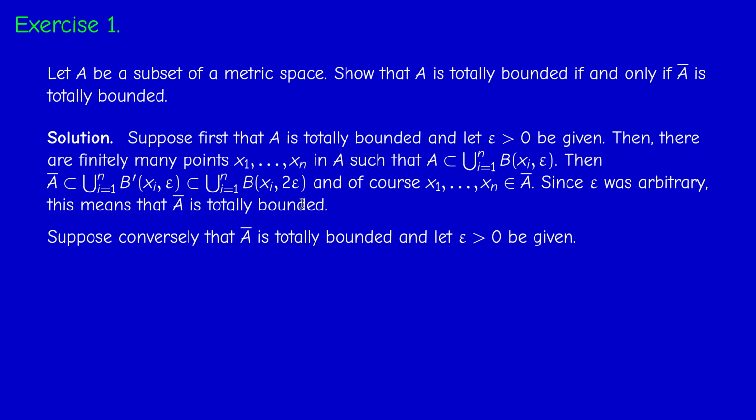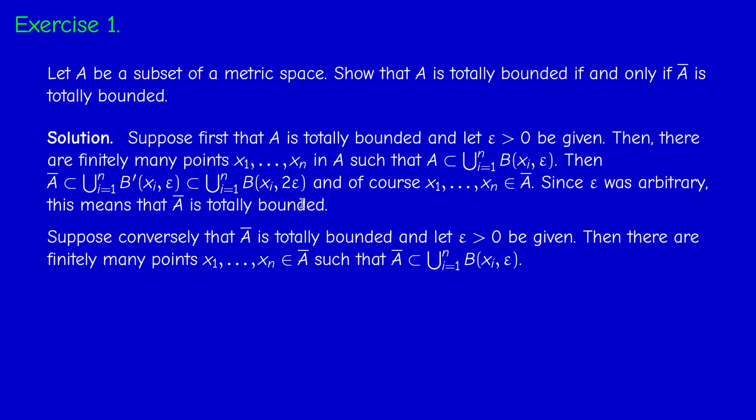Okay, now conversely, suppose that A bar is totally bounded and let epsilon again be a positive given number. So, therefore, I can cover A bar by a union of balls of center in A bar and radius epsilon. Now of course we could say, well, this contains A, but the centers are not in A. The centers are in A bar.